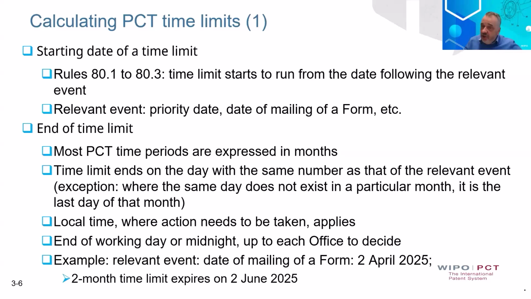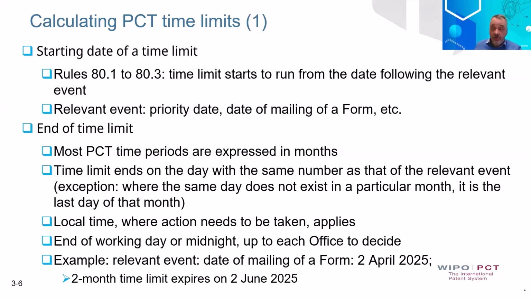So, how could a change of priority date by an applicant affect PCT time limits? That's a very good question. And I must admit, I haven't even included this in this presentation because I did try to keep it relatively basic. So you probably know that the only way to change the priority date in the life cycle of a PCT application is if either the applicant actively withdraws a priority claim or a priority claim is declared to be void by the receiving office or the International Bureau.